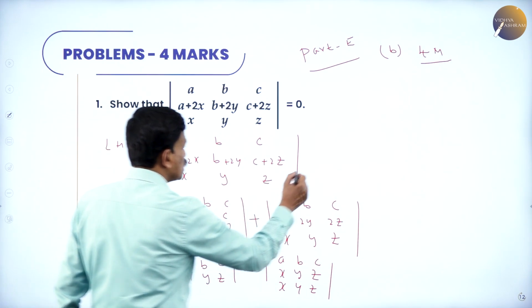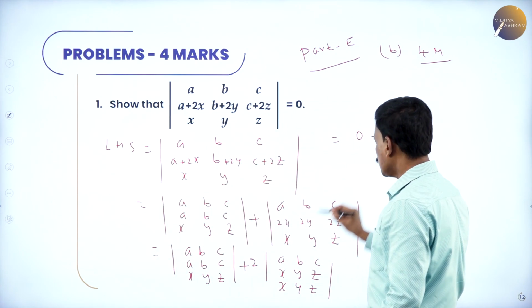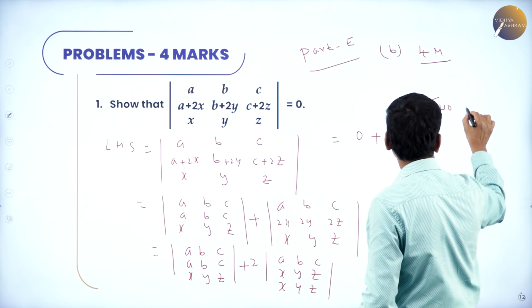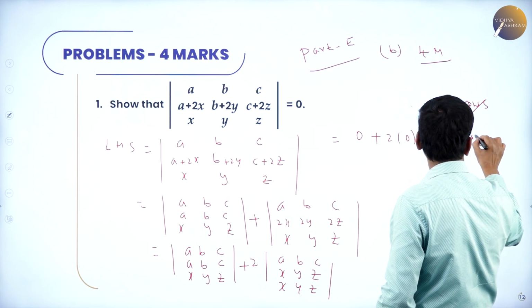So therefore this is equal to, first answer is 0 plus 2 into second answer is also 0 because two rows are same, identical.